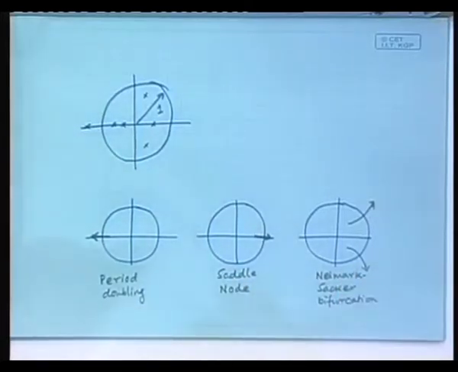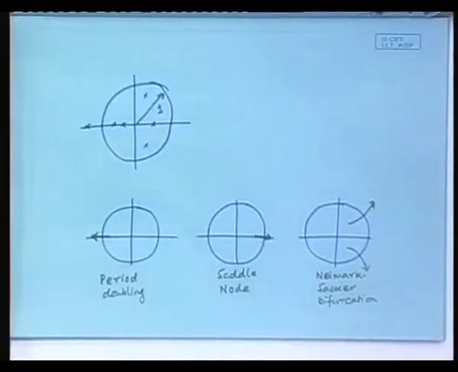So, why did the saddle node also assume to be pitchfork? Because pitchfork bifurcation also occurs when the eigenvalue is +1. Yes. His question is, we had seen that the pitchfork bifurcation also occurs when the eigenvalue becomes +1. Pitchfork is what? Do you recall?